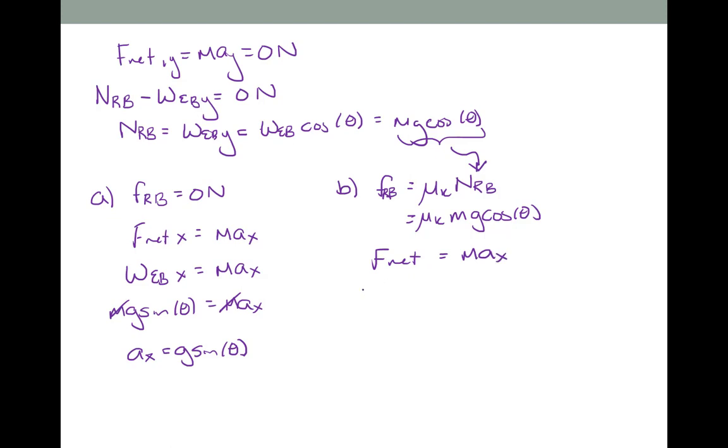I'm going to take all the forces in the direction of the acceleration, which in this case is the x component of the weight, subtract off all the forces in the other direction, which in this case is the frictional force. That has to equal mass times acceleration. The x component of the weight will be mg sine theta. Friction will be mu_k mg cosine of theta.